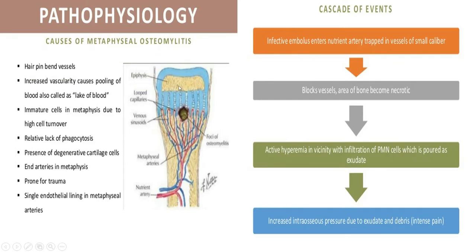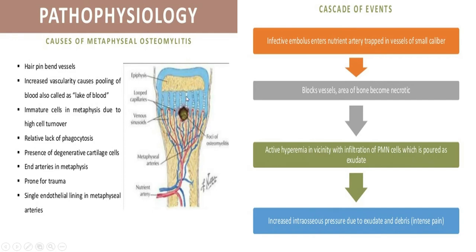In this metaphyseal region there are hairpin-like bent vessels with increased vascularity causing pooling of blood, also called lakes of blood, meaning a pool of stagnant blood, and there are immature cells in the metaphysis due to high cell turnover. I already discussed it in our previous classes.